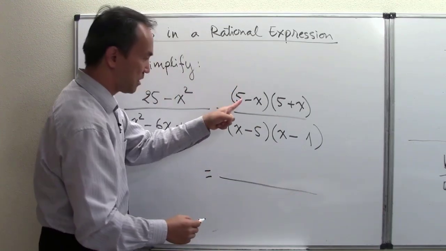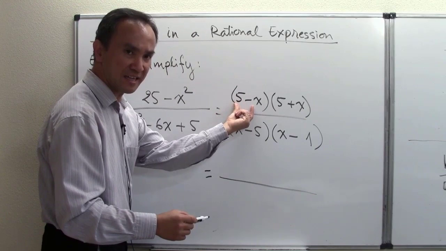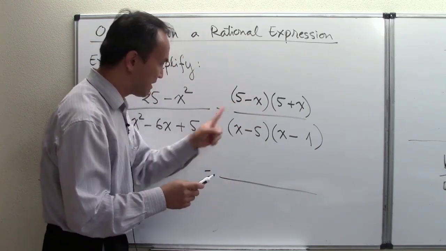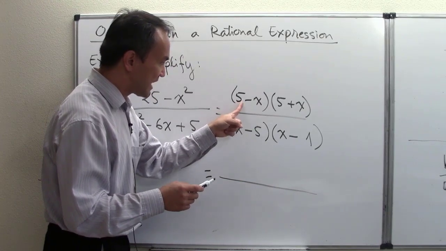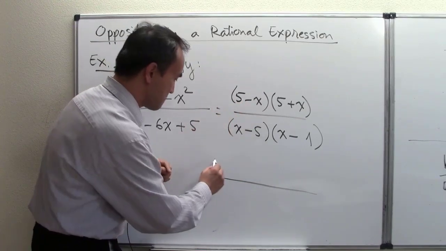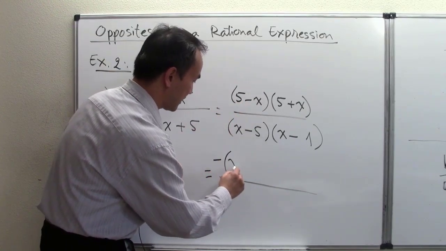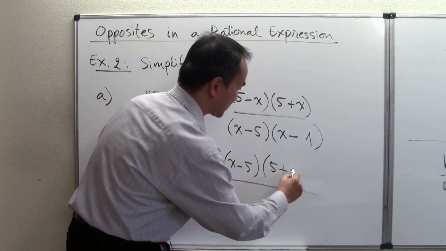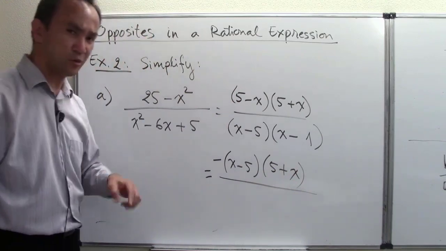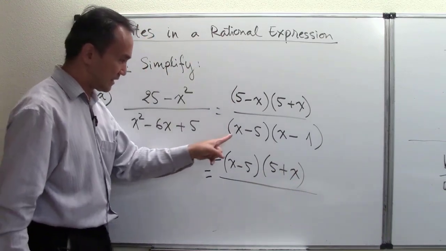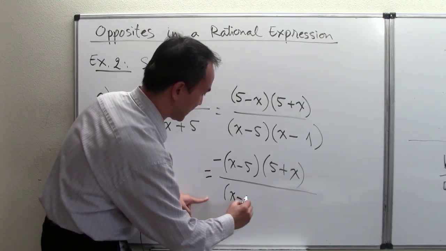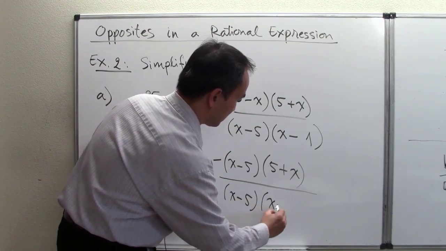At this point, it really depends on your comfort level. I am more comfortable treating that 5 minus x as a negative times x minus 5 factor. The other factor remains, of course, 5 plus x, which is the same as x plus 5. And now in the denominator, it's exactly x minus 5 times x minus 1.